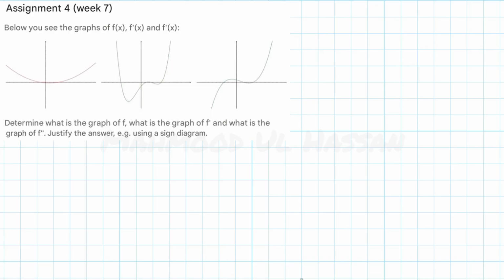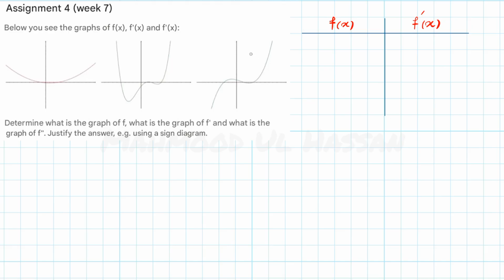So first we are going to make a diagram, or you can say a table, that represents the relation between the function and its derivatives. So let me draw a vertical line here. The first column represents the function, that is f of x, and the second column represents the derivative of the function, the first derivative, that is what we call f prime of x.